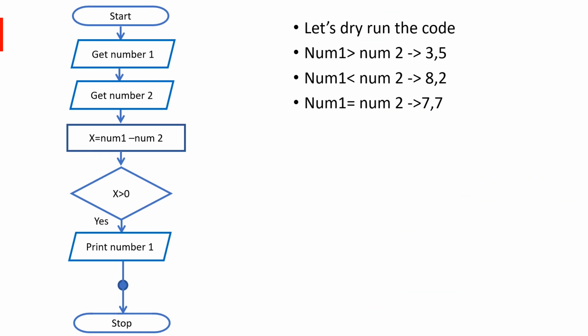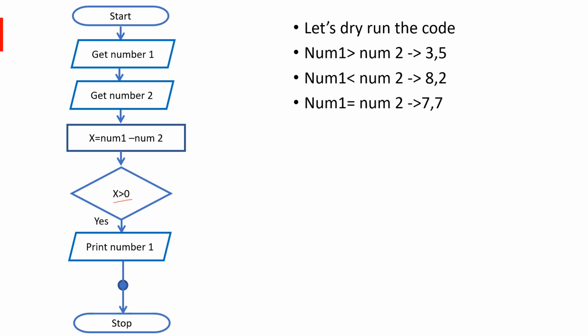Now let's consider the situation when two numbers are equal, as we recognized, we need to handle. With this condition, what we do is we check whether x is greater than 0.